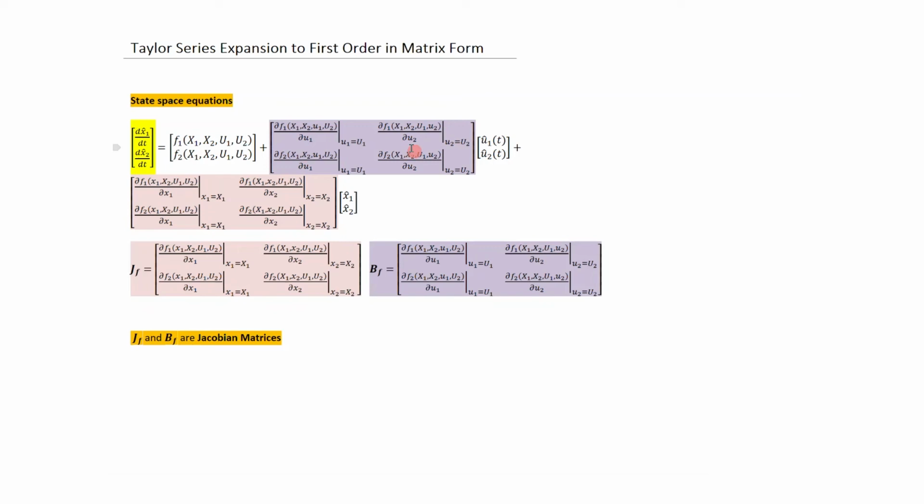So this is a Jacobian matrix because they involve partial derivatives with respect to u1 hat, u2 hat, and this is the partial derivatives with respect to the state variables, x1 hat, x2 hat. Everything in purple is B subscript f, and everything in the pinkish color is J subscript f. This is a Jacobian matrix involving state variables, and the Jacobian involving the input variables. So this is basically the state space equations now in a simplified form.